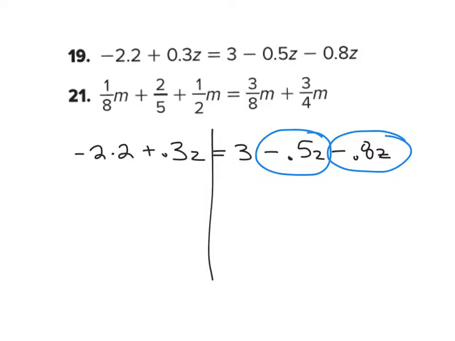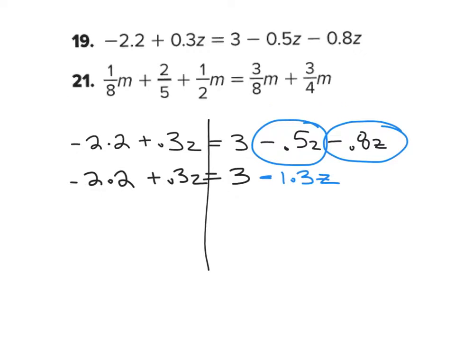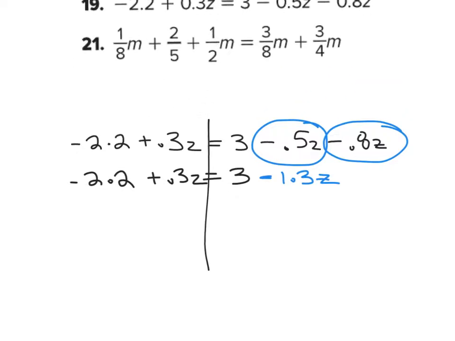Now make sure that when you combine your like terms, you rewrite the equation with your like terms combined. Now negative 0.5z plus negative 0.8z is a negative 1.3z. So when I combine my like terms, that's what I get. Once I've combined my like terms, I can move my smaller z to the opposite side so that my z's are together.